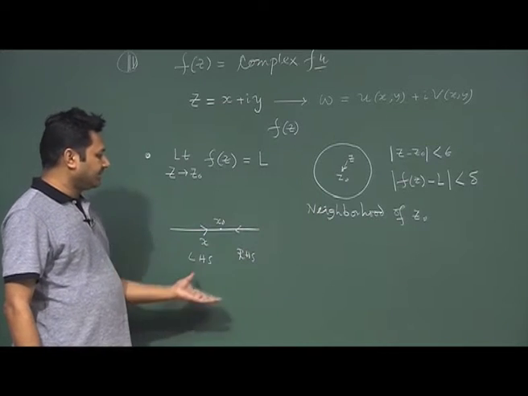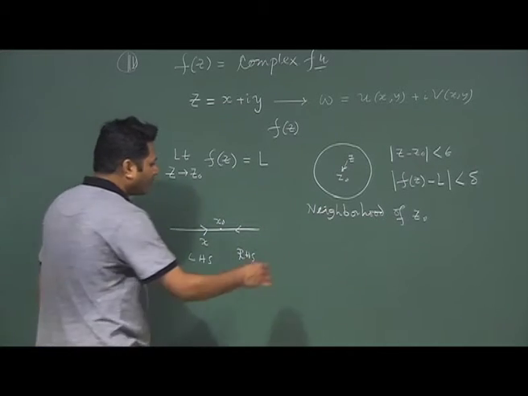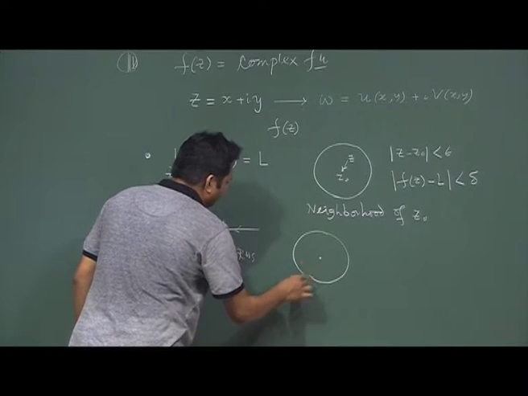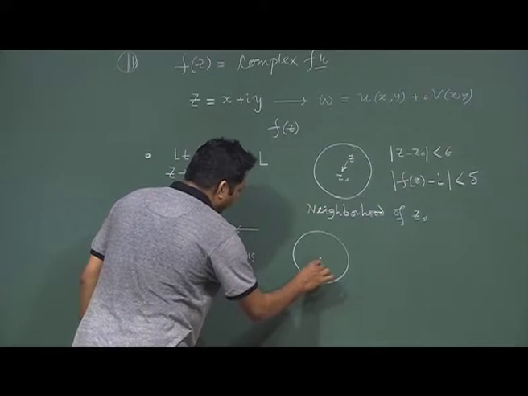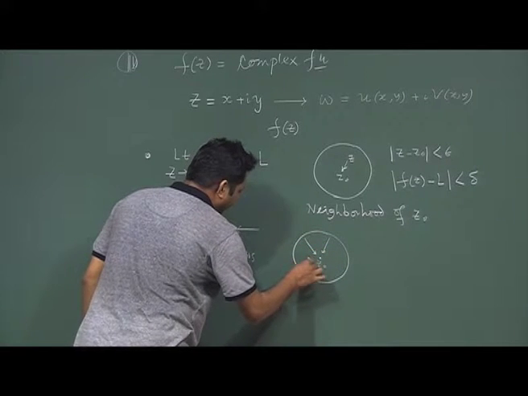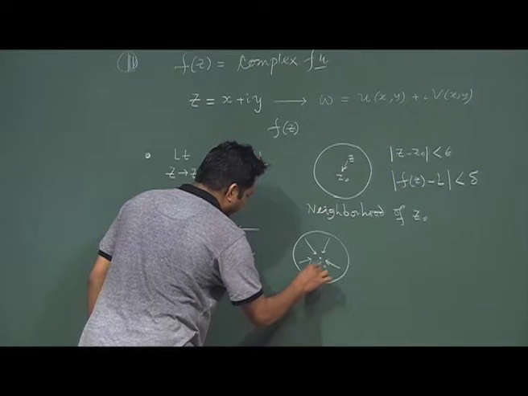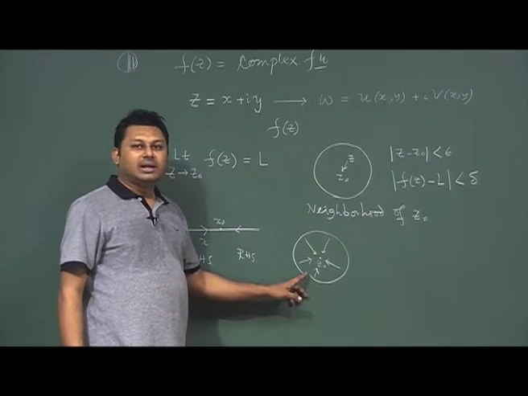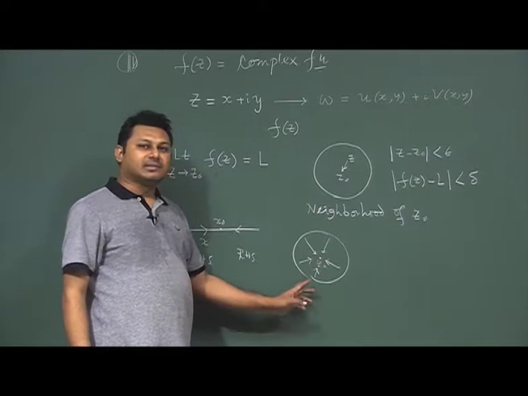But in the complex case, we have a region, and one can approach the point z0 by any path or from any direction, but the condition is that the limit should exist for all the cases.